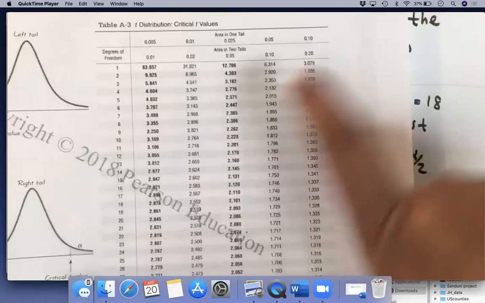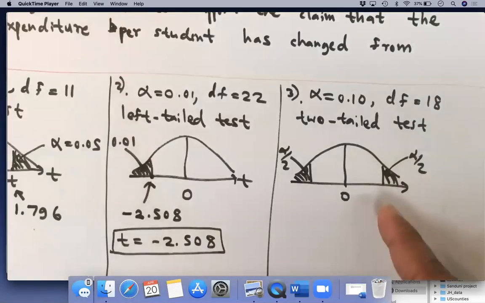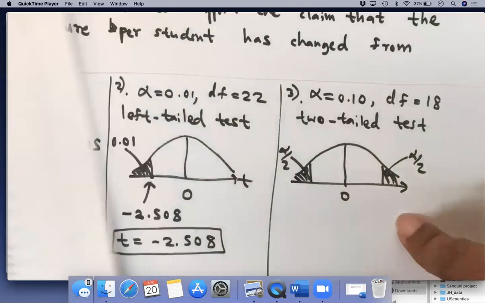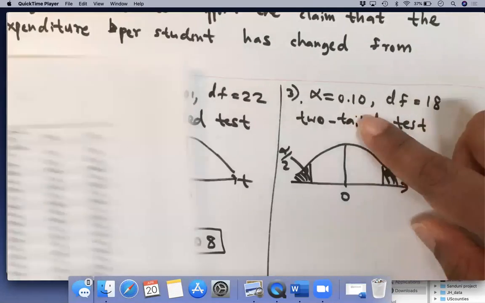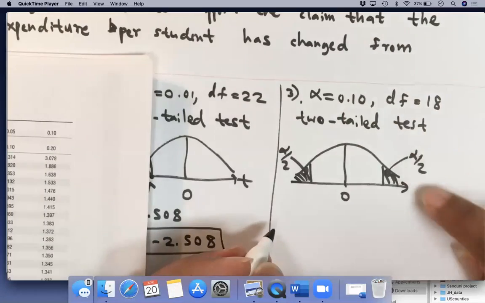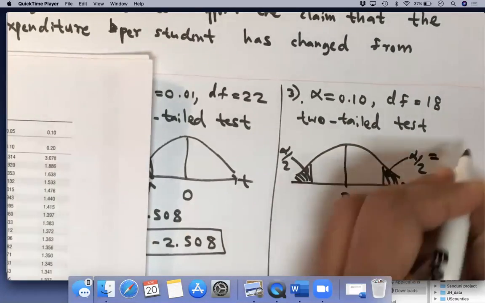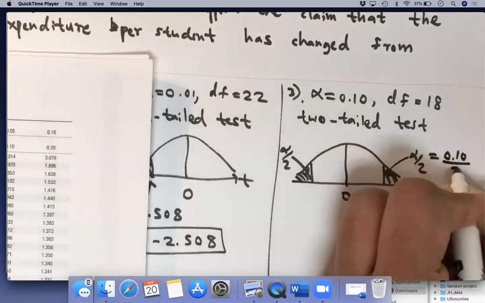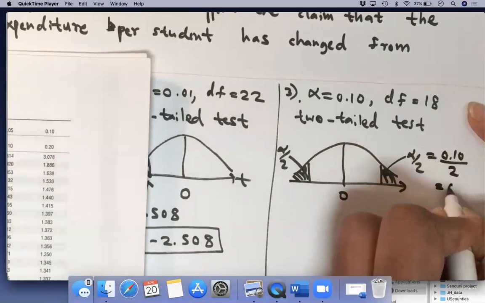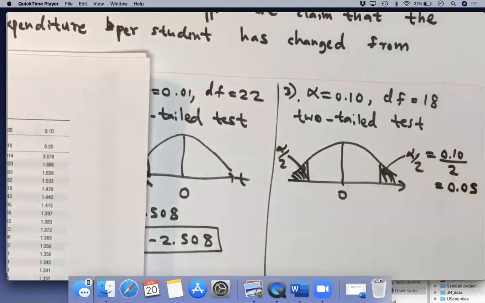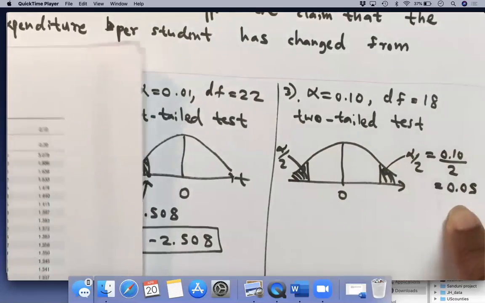But you know the table always gives only positive T scores, that means only right-sided values. Now, our alpha is what? 0.1. Then what is our alpha over 2? You divide by 2. The value is 0.05. So alpha over 2 is 0.05.